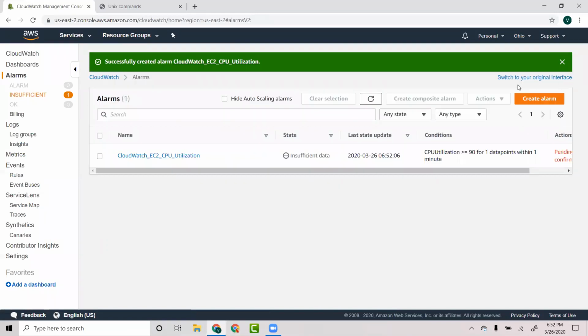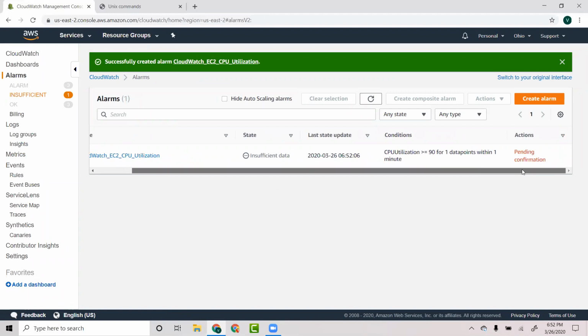Now we'll have to wait for the data to be grabbed. Currently there's no data. And see this one, it's saying pending confirmation. It's going to send an email because we created a brand new topic there, right? It would have sent an email to my email ID saying, please confirm that this is your email ID.